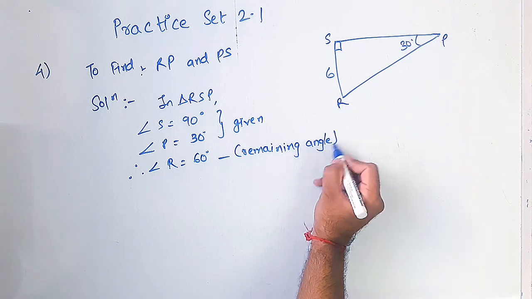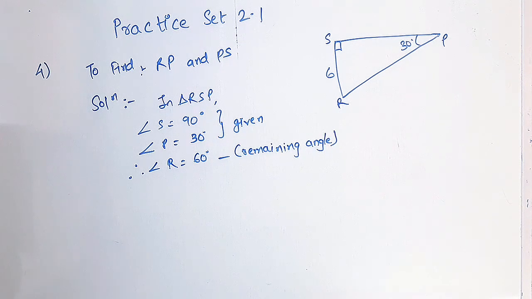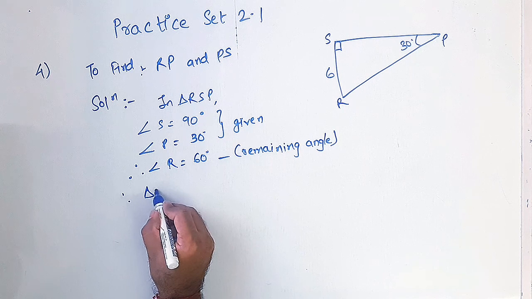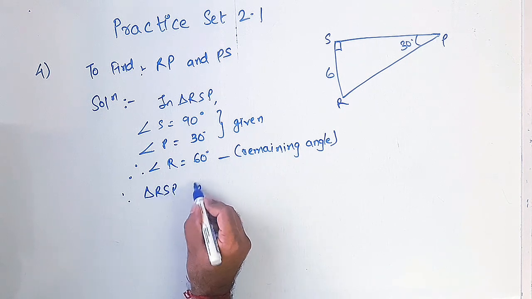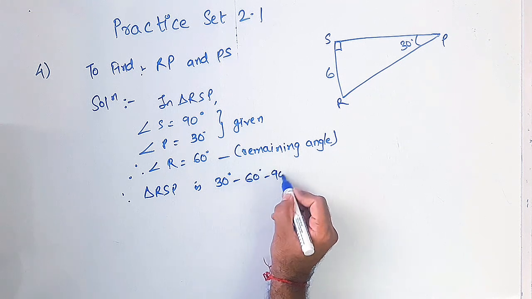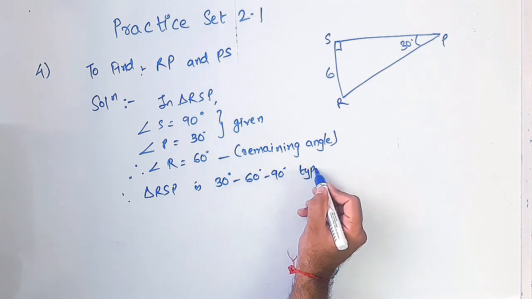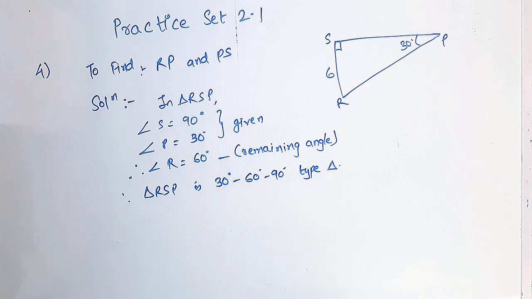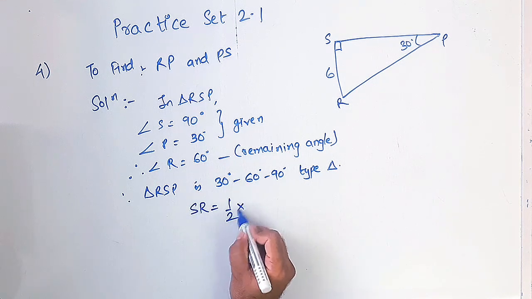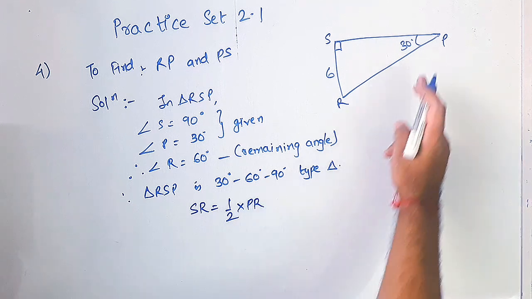Now, angle R is equal to 60 degree. Therefore, triangle RSP is a 30 degree, 60 degree, 90 degree type triangle. Then we can easily write, we know what is side opposite to 30 degree, SR. SR will be half of the hypotenuse.